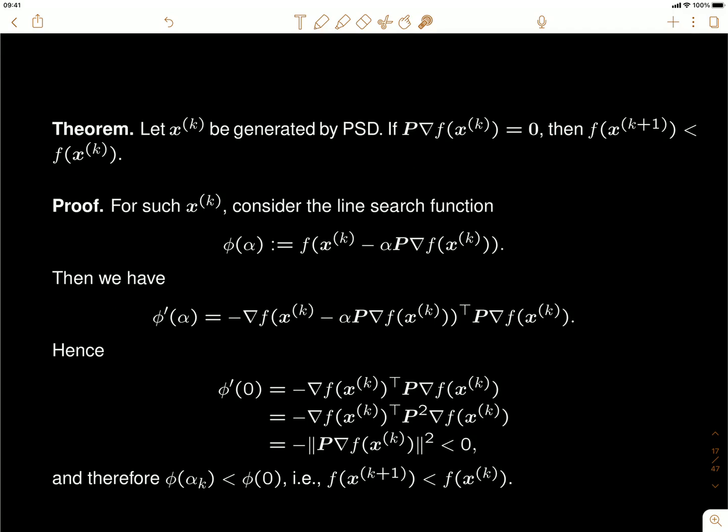Then, as long as, so this is where the error is, this should be not equal to. Okay, as long as the projected gradient of f at xk is still non-zero, then we can further decrease the function value. That means the next point will definitely have smaller function value than our current point xk. Okay, and I'll show why this is true.